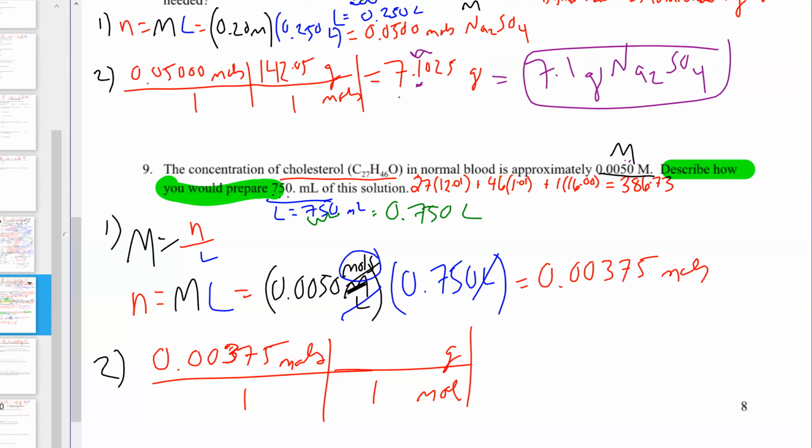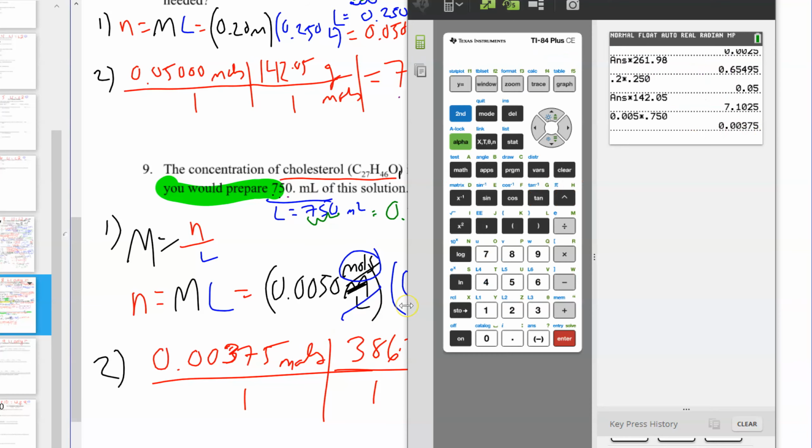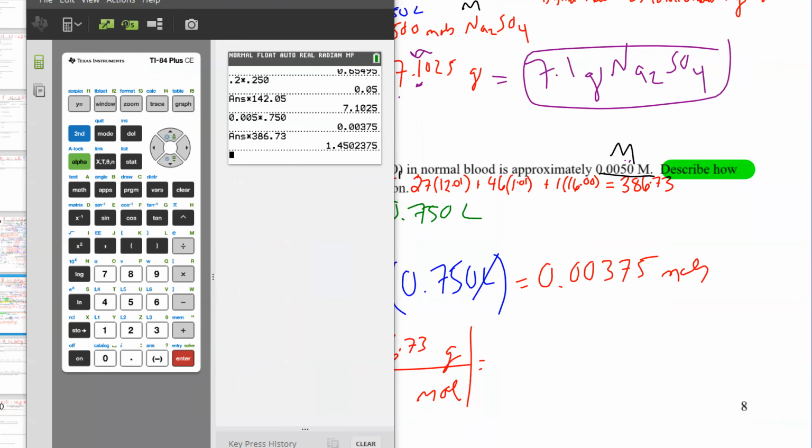Remember, if there is no number here, it's implied to be a 1. The molar mass of cholesterol is 386.73. So 386.73 grams per mole. We've got that moles saved in our calculator times 386.73 and I'm going to get 1.450.